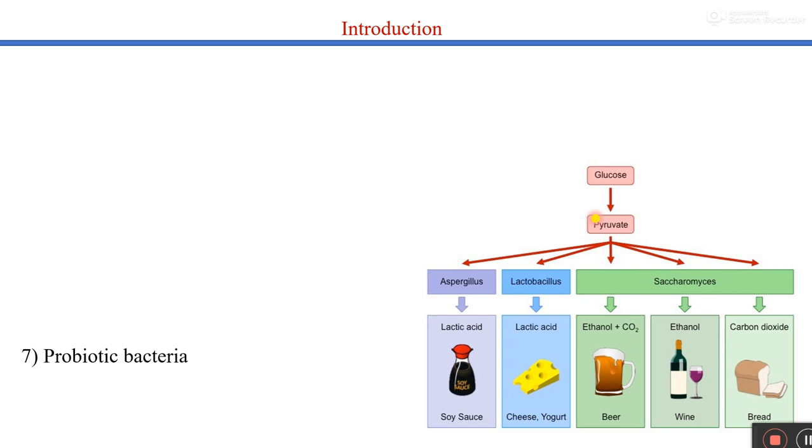Microorganisms are involved in food spoilage, food poisoning, and also in food preservation and production. The most common microorganisms which we will study in food microbiology are bacteria, molds, yeast, and viruses.